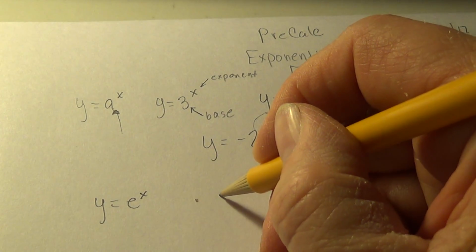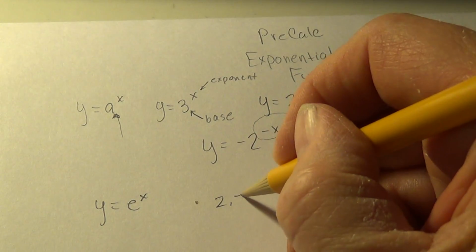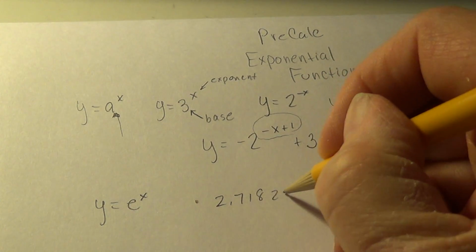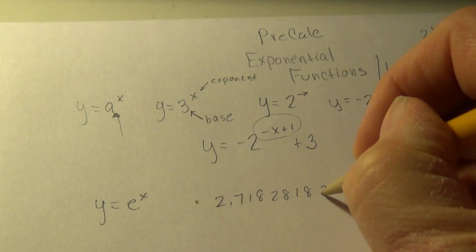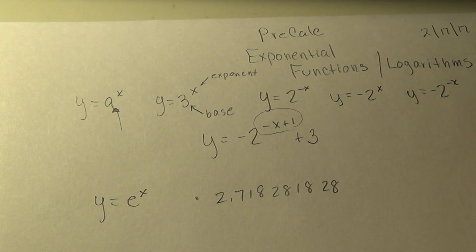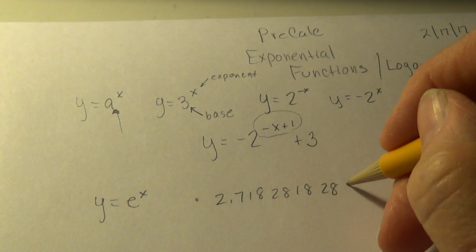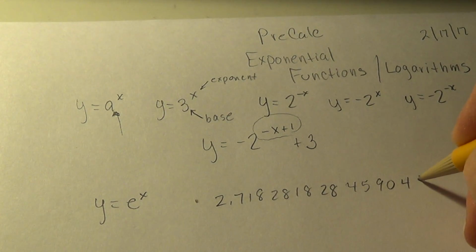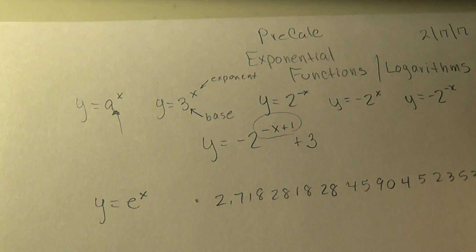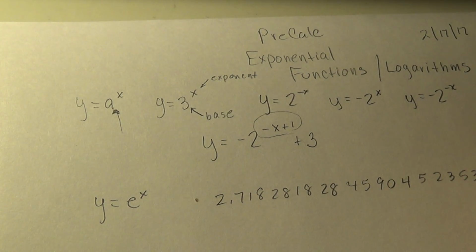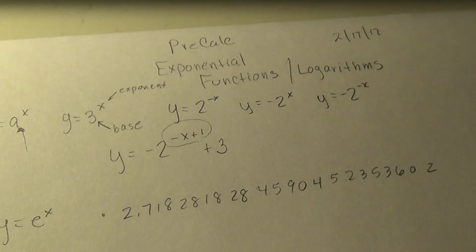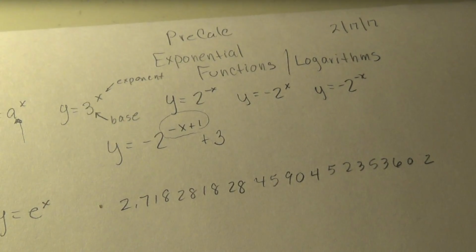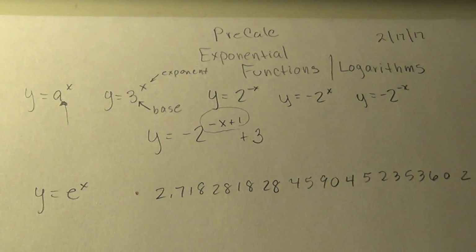He named it. It's like 2.718281828. You think it's going to keep going like that, but then it doesn't. It goes 459045235360 and it continues. It never ends and it never repeats, just like pi.